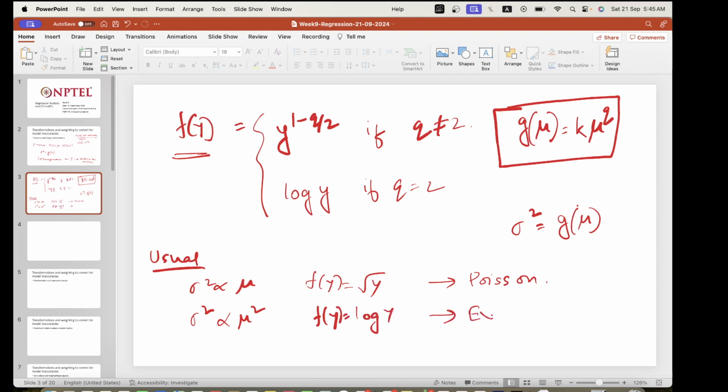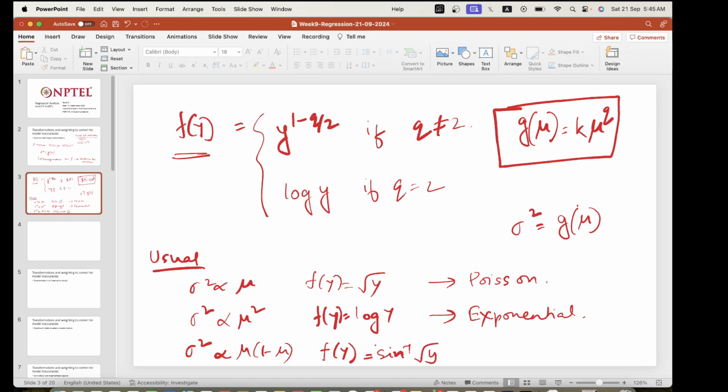If sigma square is proportional to mu into 1 minus mu, then we have sine inverse of root y, usually when the underlying y variables follow a binomial distribution.